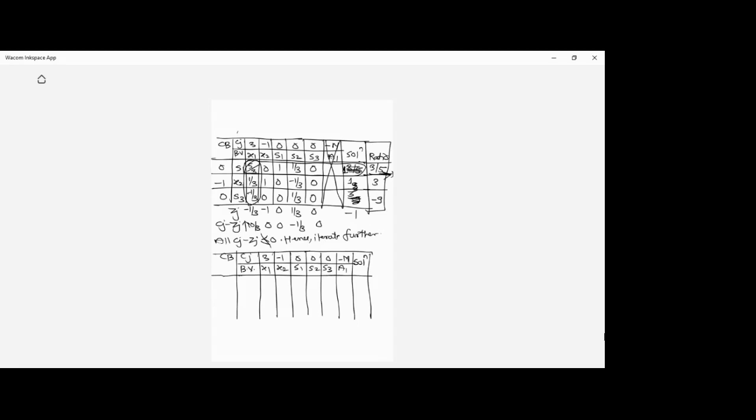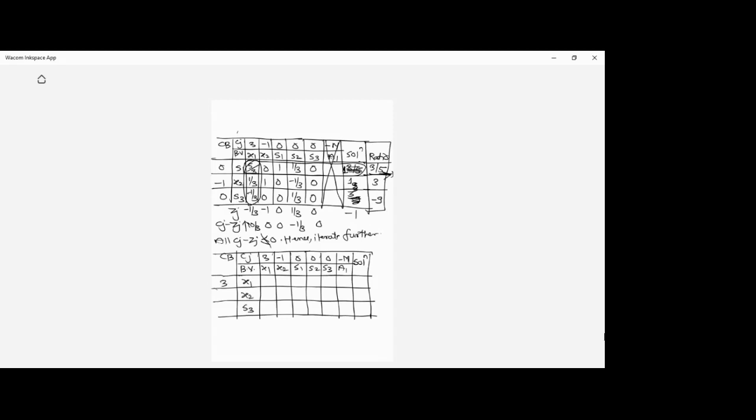Now that we have got x1 as an entering variable and s1 as a leaving variable, that needs to be represented appropriately, right? So our entering variable is x1, then we have x2 here and s3 here.